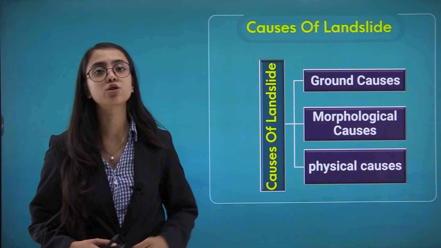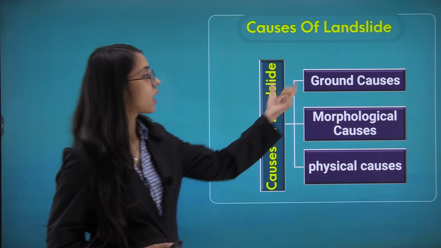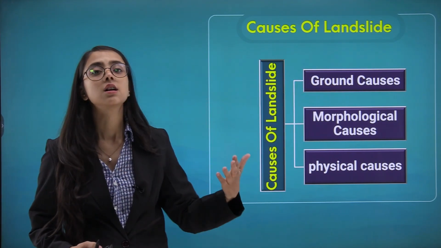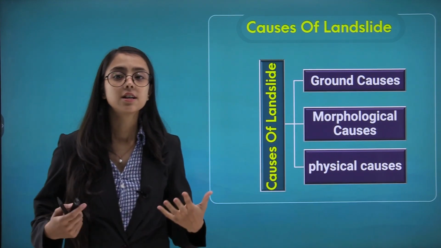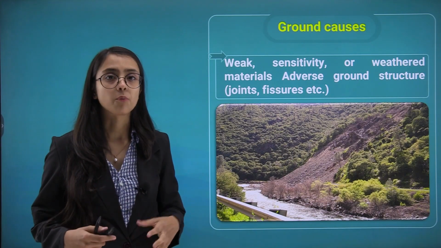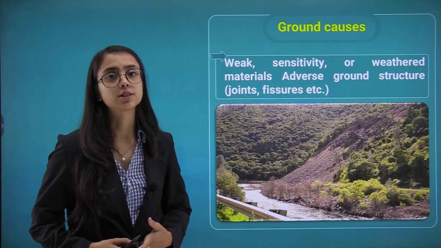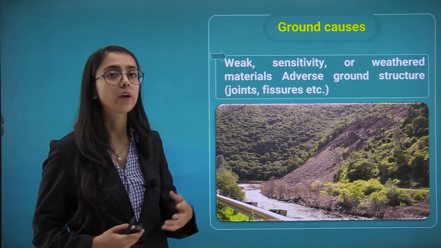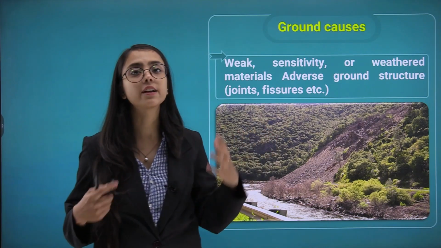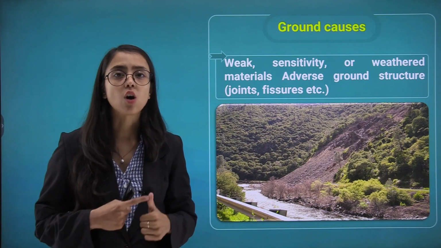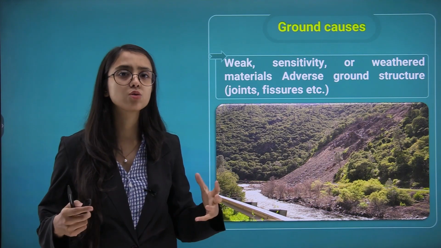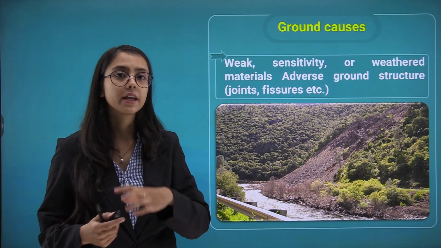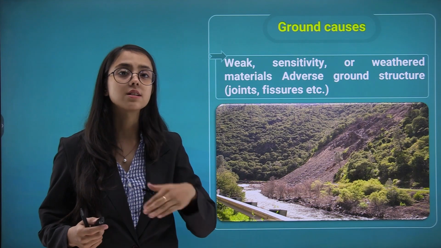So, the three major causes of landslides are ground causes, which occur at the ground level, the morphological causes and the physical causes. Now, what are the ground causes of landslides? When weak, sensitive or weathered material such as rocks, sand, plants, huge stones move, they result in a landslide.